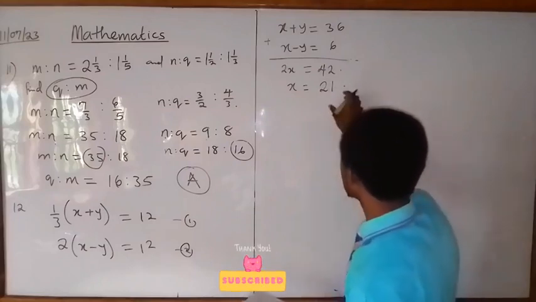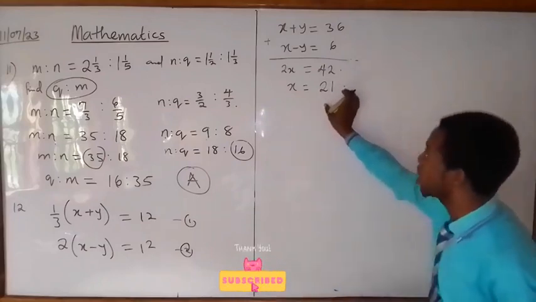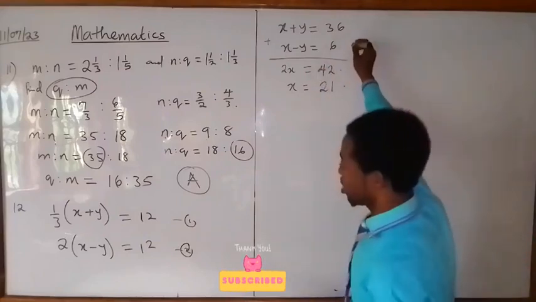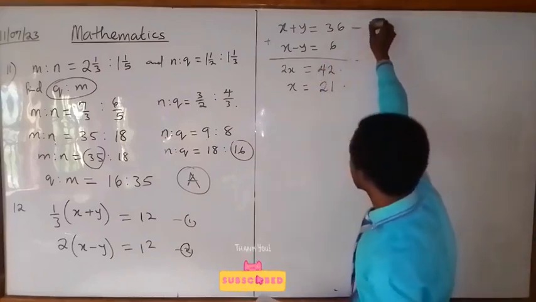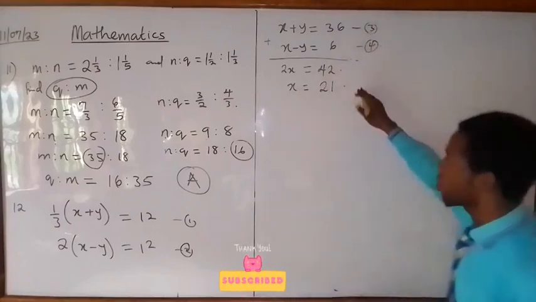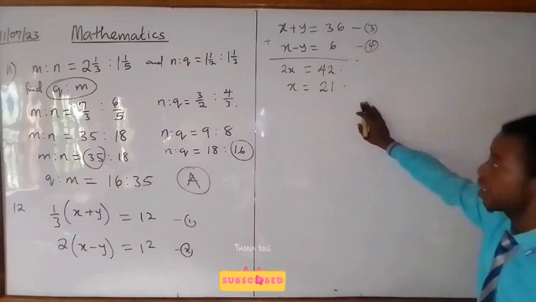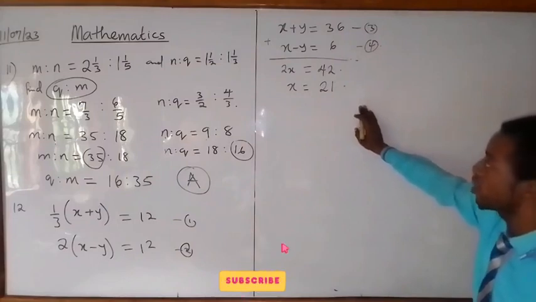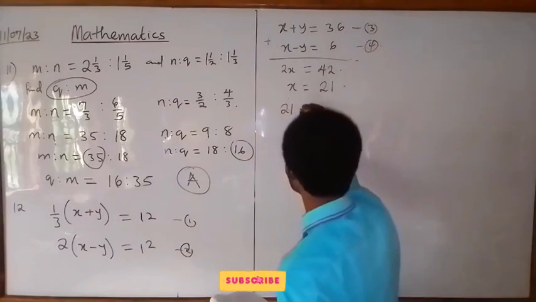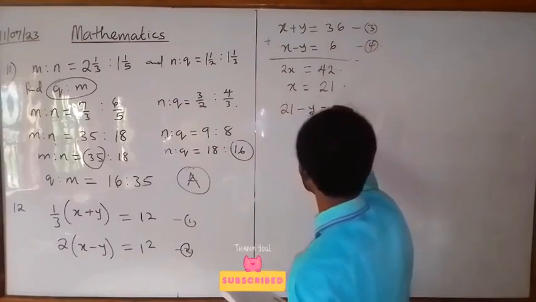Then to get y, just substitute x equals 21 in any of these equations. If I call this one equation 3 and this equation 4, I can use equation 4. So substitute the value of x equals 21 in equation 4. That means equation 4 becomes 21 minus y equals 6.